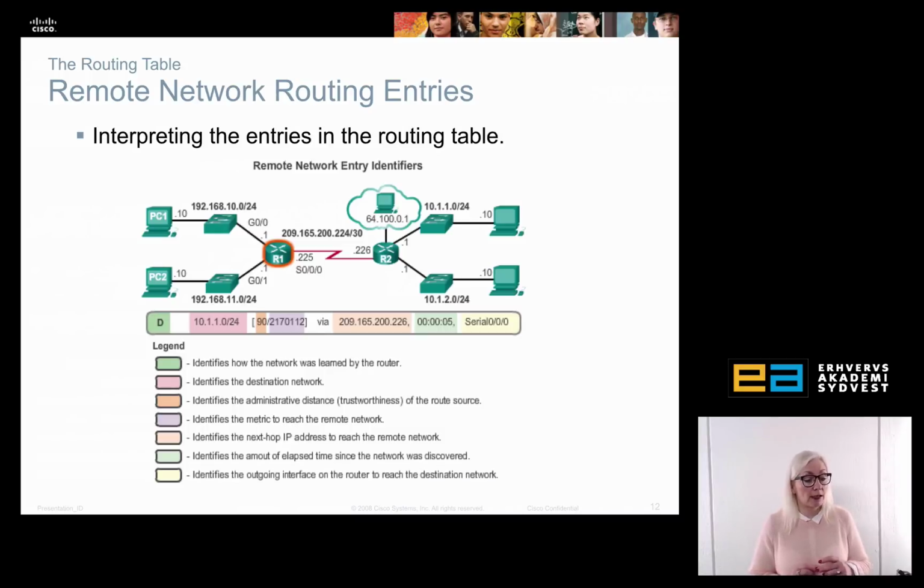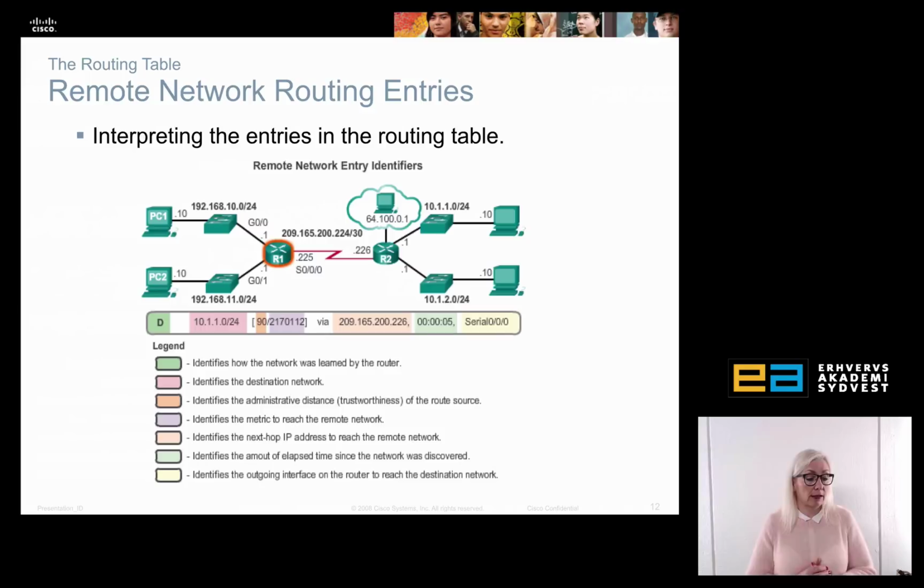The 90 indicates the administrative distance, the trustworthiness of the route source. The 21 and so on is the metric, and it will always choose the route with the lowest metric. Because this is EIGRP, the metric is quite a large number.